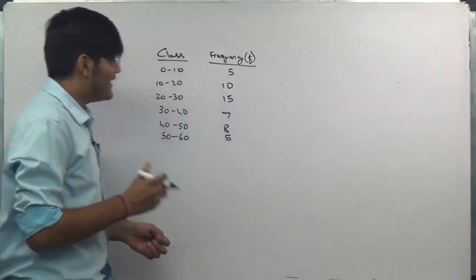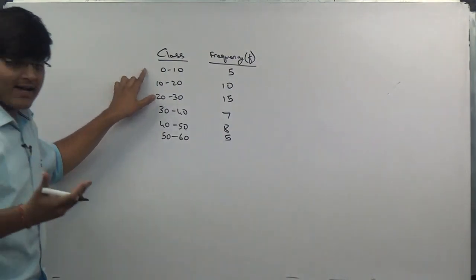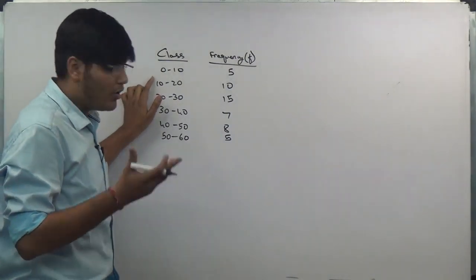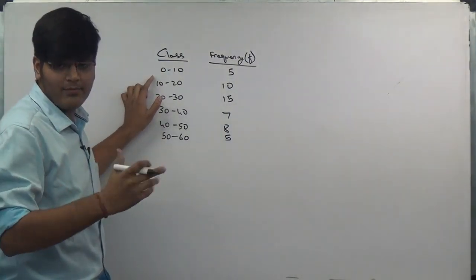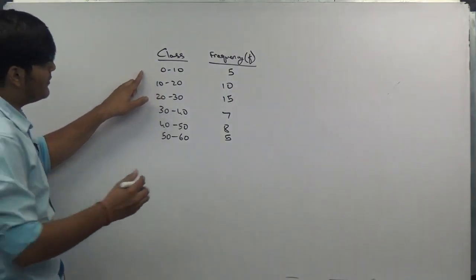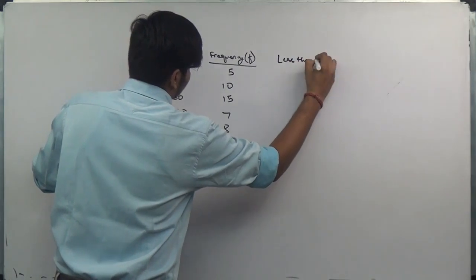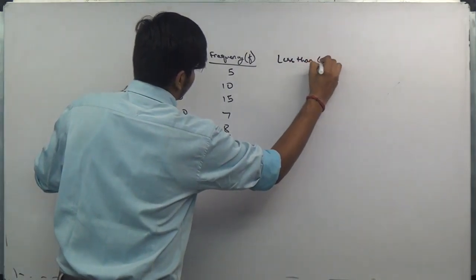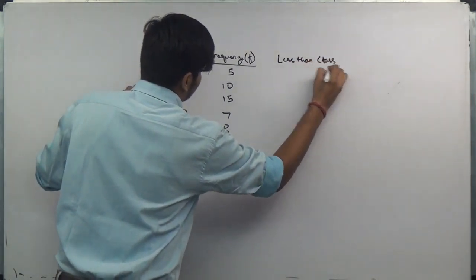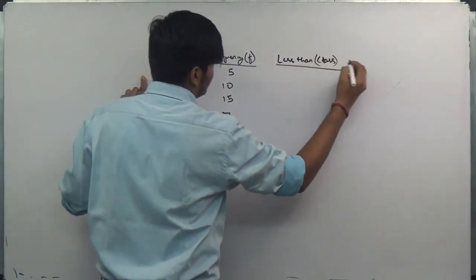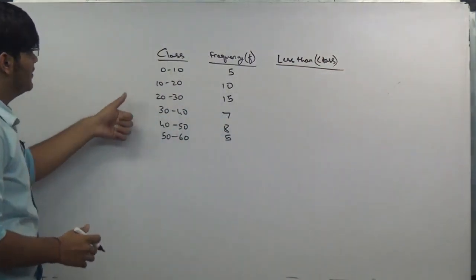Okay. So now let us find out how the more than and less than sums are prepared, or how we can find out the more than type or less than type frequency. First we'll be taking the less than type. Less than class, and then we'll be taking the more than class later on.